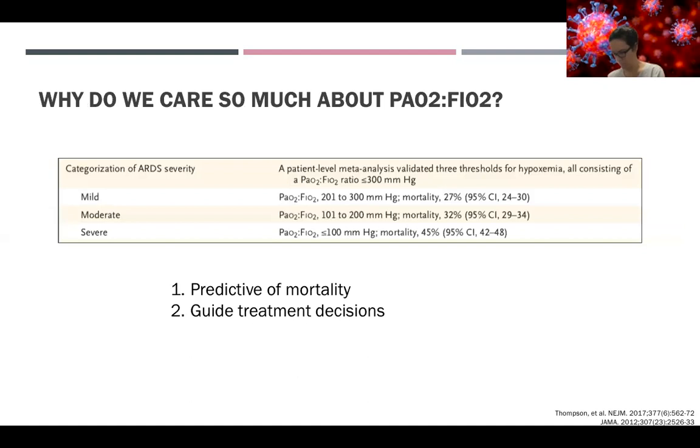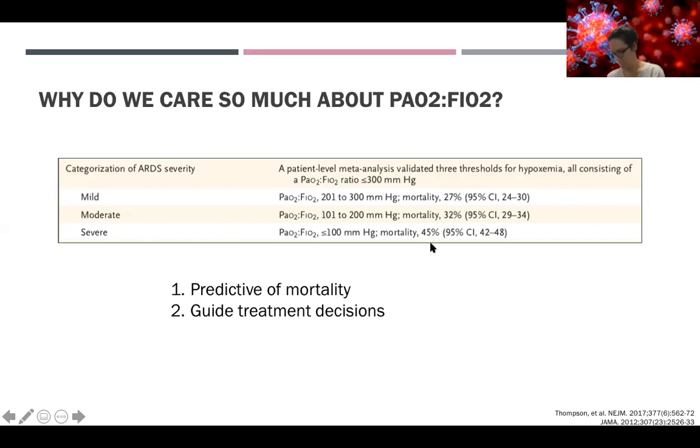So why do we care so much about the P to F ratio? That is because these categories were determined because they were able to predict the mortality of those patients who had the specific P to F ratio. These cutoffs were chosen because folks presenting with that category of P to F ratio had a mortality in the ranges that you see here.